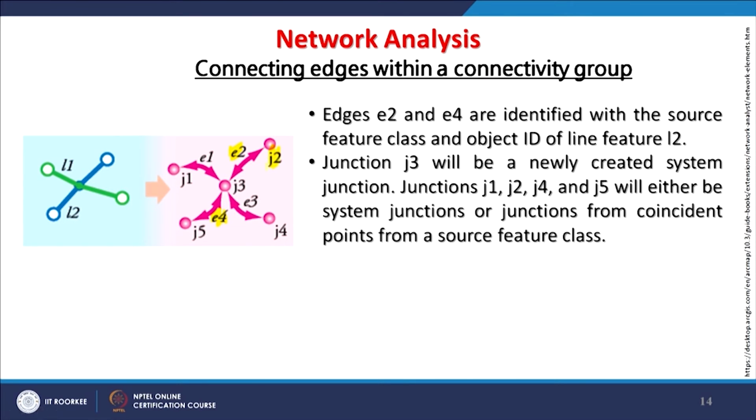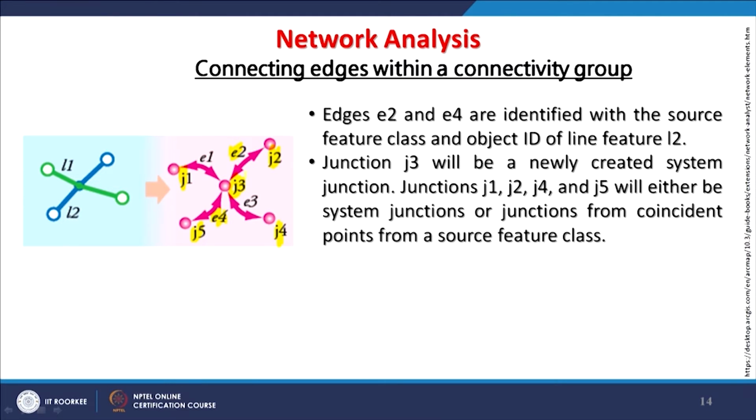And the junction J3, which we have been discussing, will be a newly created system junction. So, the system may create this depending on our information, and then we will have the junctions J1, J2, J3, J4 and J5. So, 4 are the end vertices and one, J3, is the cross vertex, and that is truly a junction, otherwise these are the terminals.